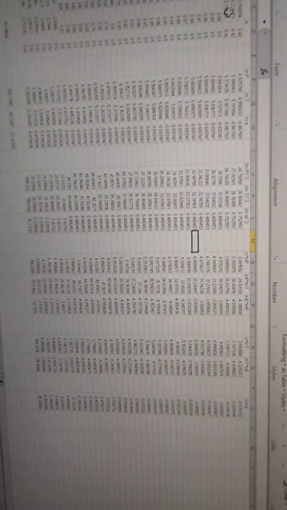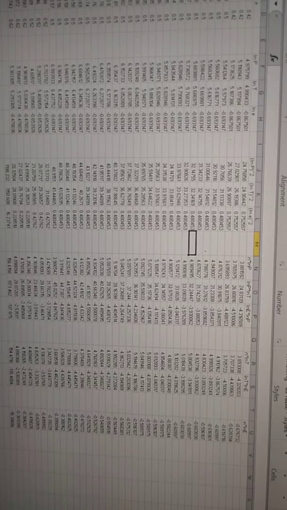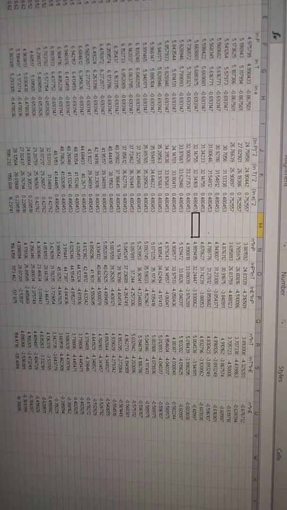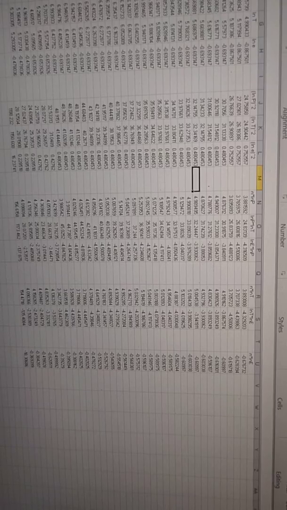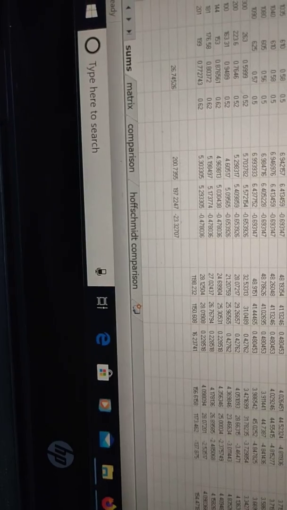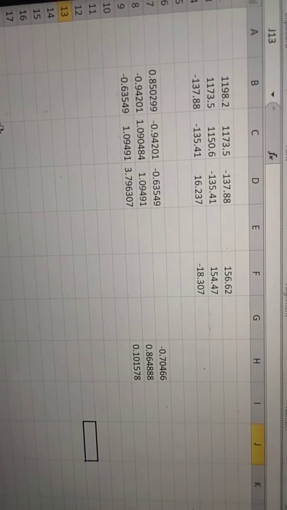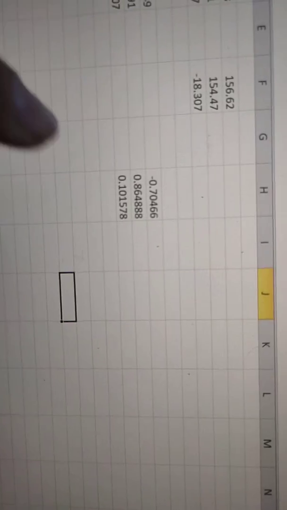Here I have taken the logarithmic terms of all these data points, then the required squares, ln p square, ln t square and all, and their products. After all that I have taken the summation of all of these, and using these summations I have made a matrix of all these variables, and using the inverse of the matrix we have got the values of a, b and c here.